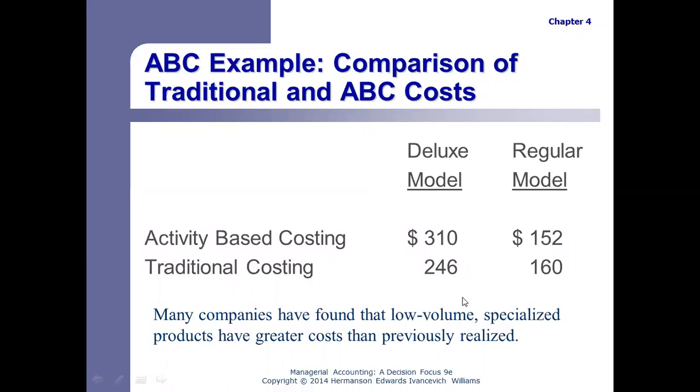It's because the deluxe model has less volume, they sold fewer units, but it cost them more for the overhead. So the calculation of the cost was higher under activity-based costing, again because it's more precise.